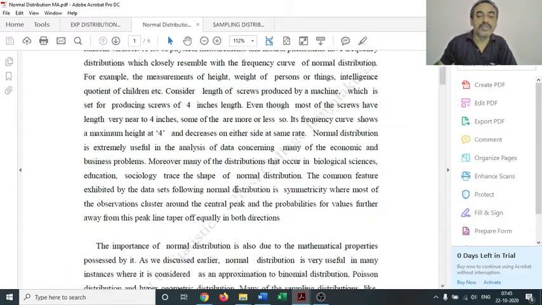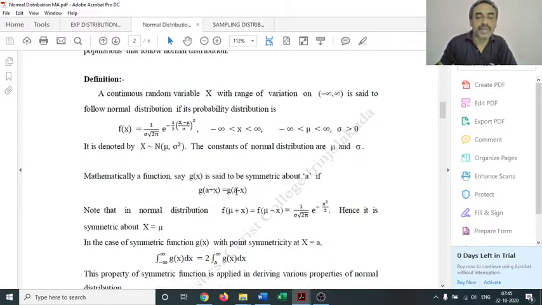In the normal distribution, we found that a function will be symmetric if g of a plus x is equal to g of a minus x, where a is the line of symmetry. That's how we have the normal distribution symmetric about x equal to mu, because f of mu plus x is equal to f of mu minus x.